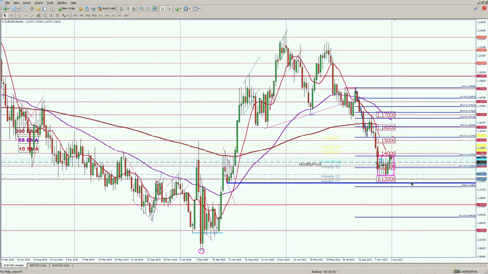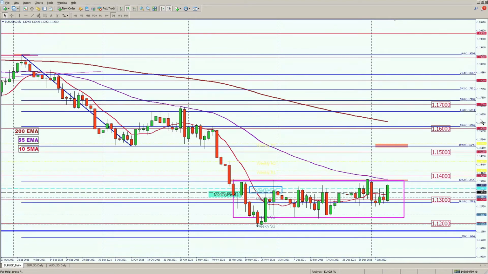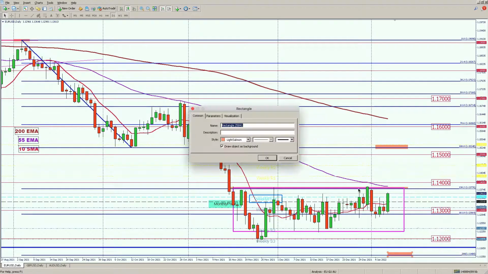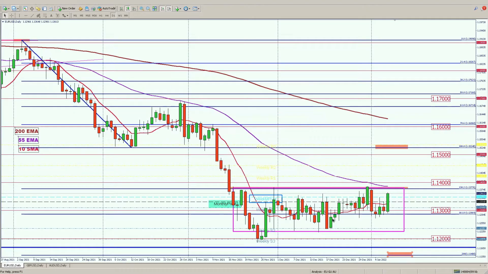That's the support level. And the 200 fib will be a critical support there then. All right, so let's mark this support area here at the 200 fib.